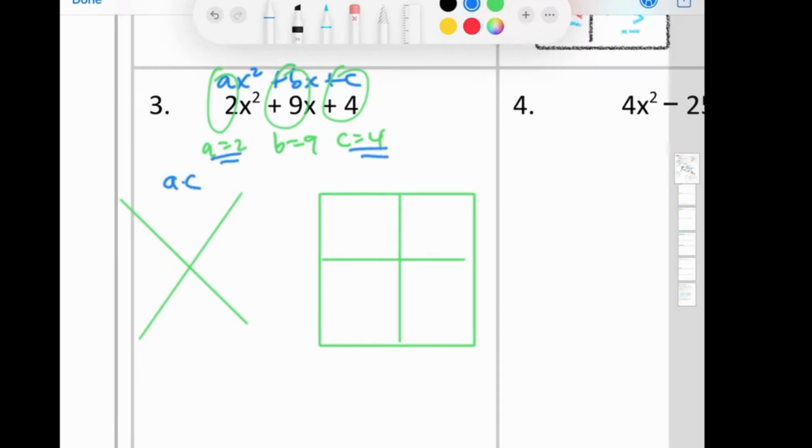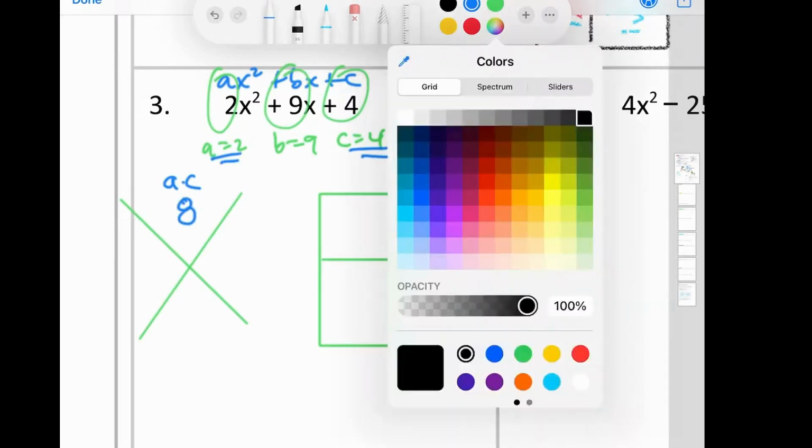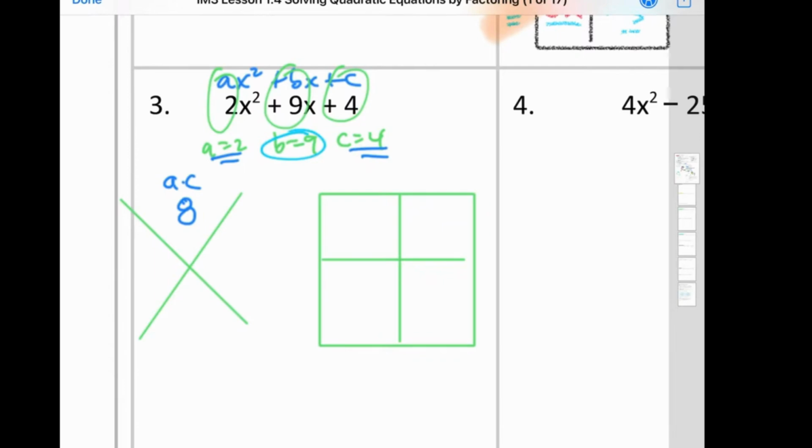So a times c, so 2 times 4 is 8. My b value will always go down here, so that is 9. Two numbers that multiply to be 8, you can think of them as 8 times 1 and 4 times 2.